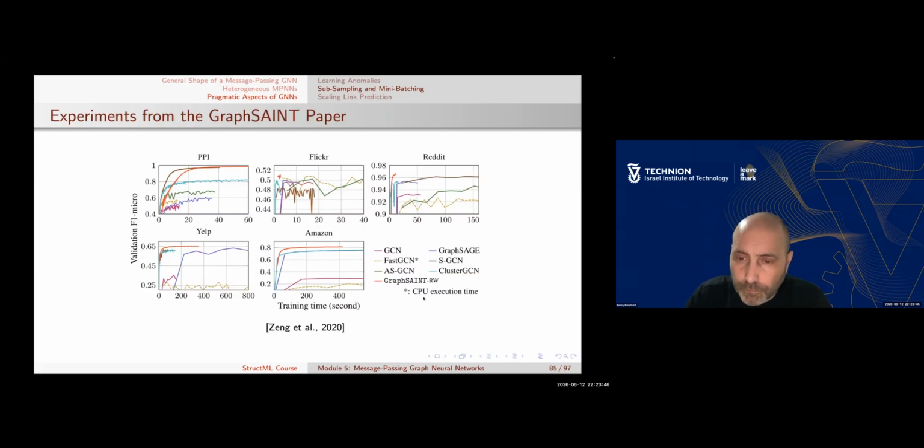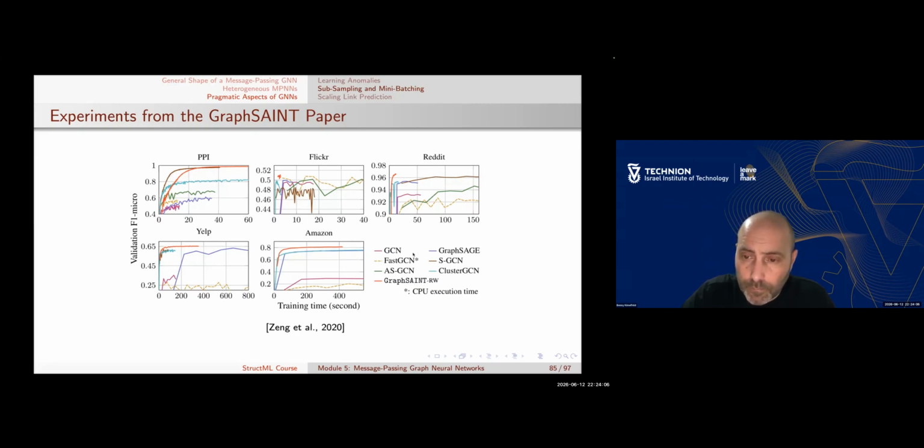And they compare GraphSAINT to basically all of the models that we've seen so far, GraphSage, also things that are not using mini batching.